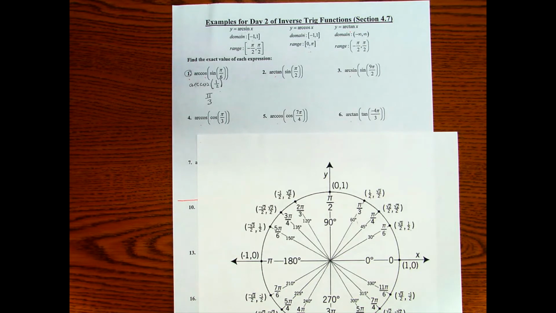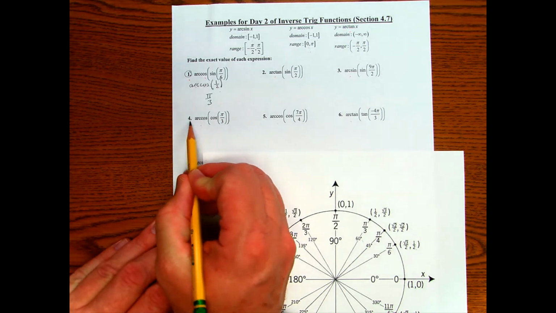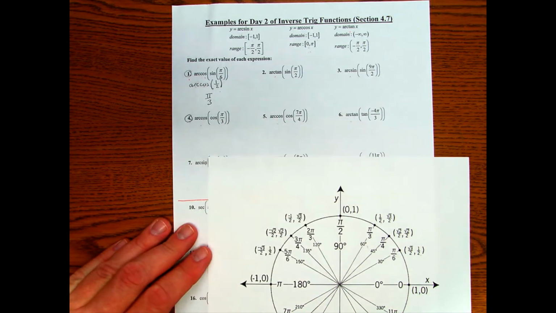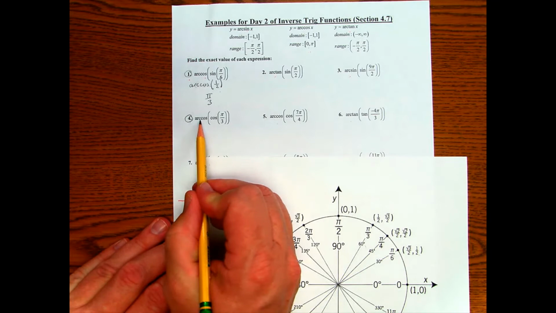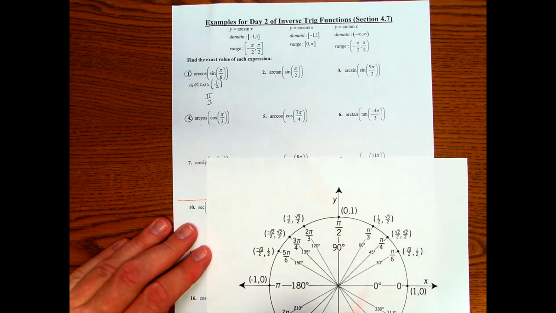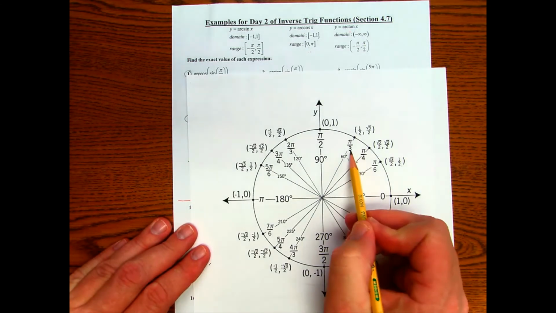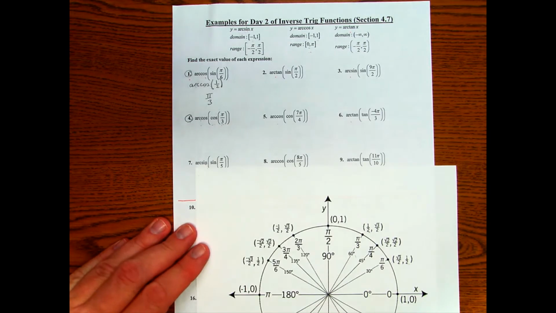Okay, next one that we're going to skip down to is number 4. The arc cosine of the cosine of π/3. Okay, well, cosine of π/3, we can get that directly from the unit circle. Cosine of π/3 is a half.